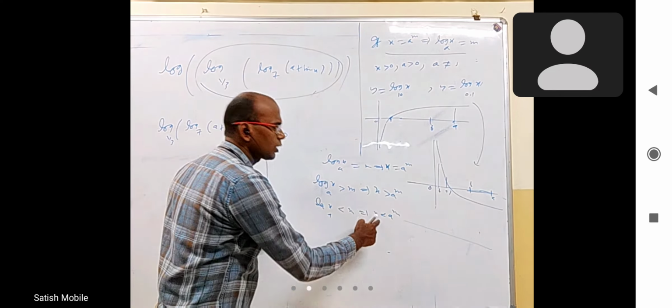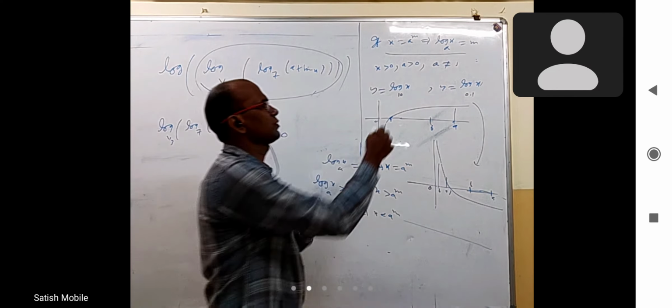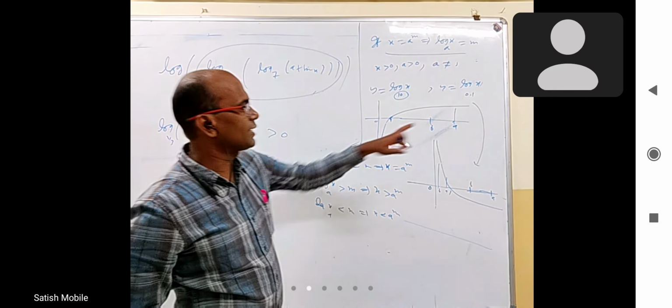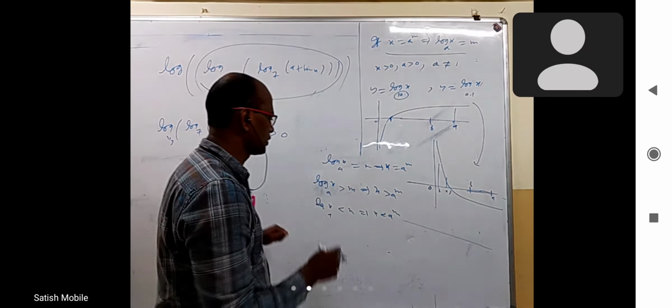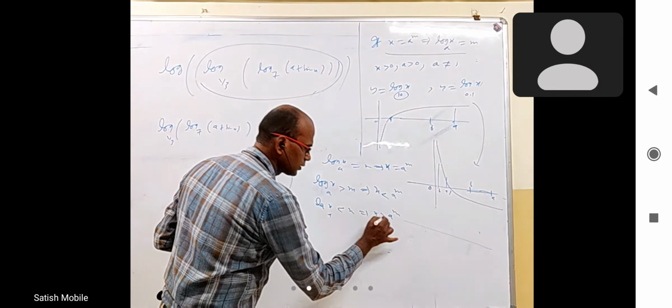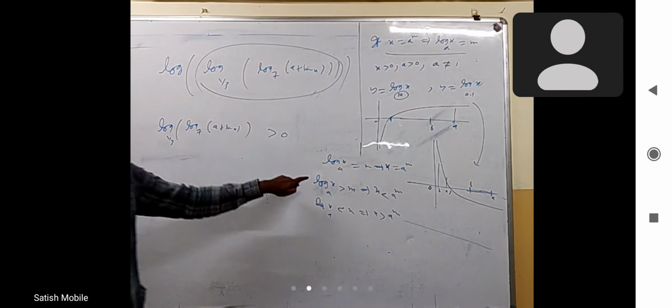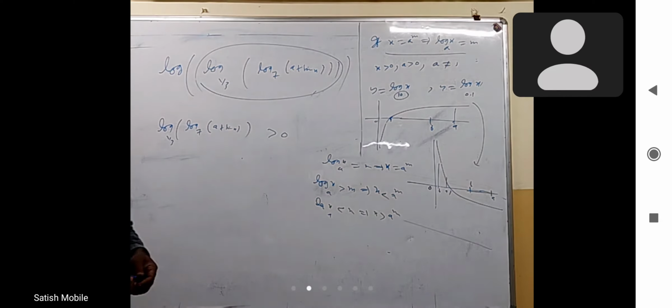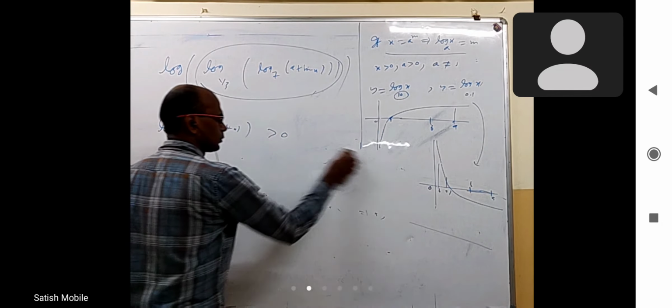But these two are right only for the case when a is 10 or 5 or 2, when it is more than 1. When a is less than 1, because it is a decreasing function, when it is greater, I have to write less than here. When it is less than here, I have to write greater than. So the inequality will remain as it is if the base is more than 1. If the base is less than 1, the inequality reverses.